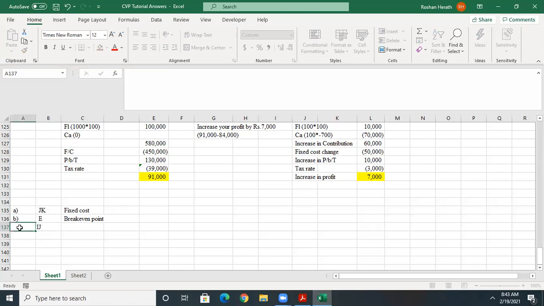So for part C, it's going to be the profit at the point of J. It may be the sales or the sales unit.